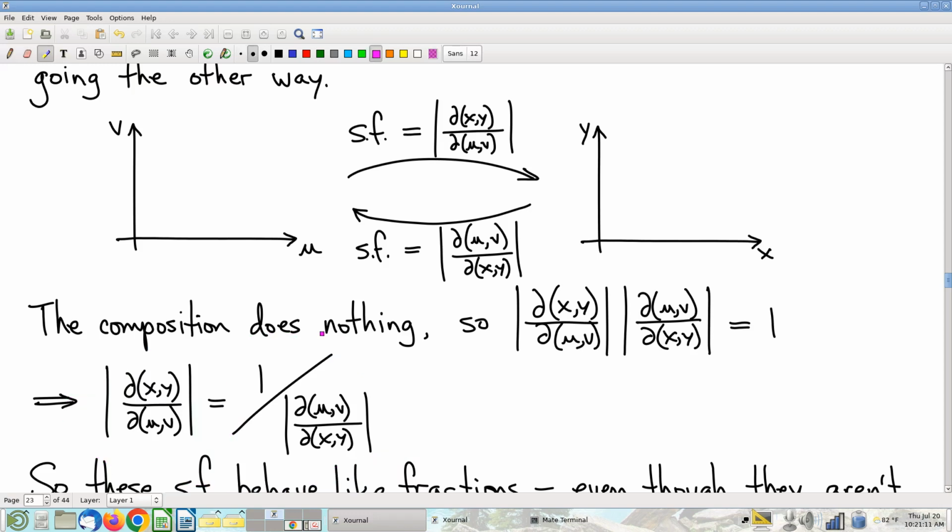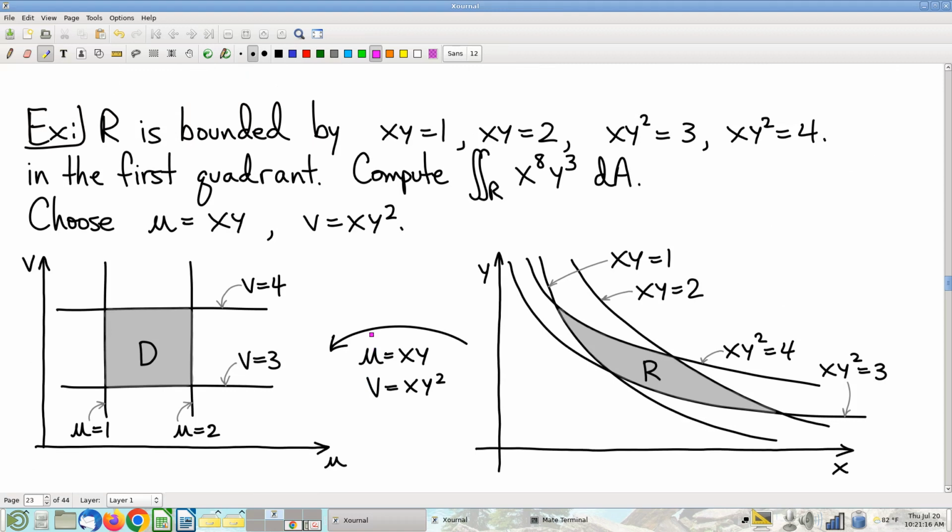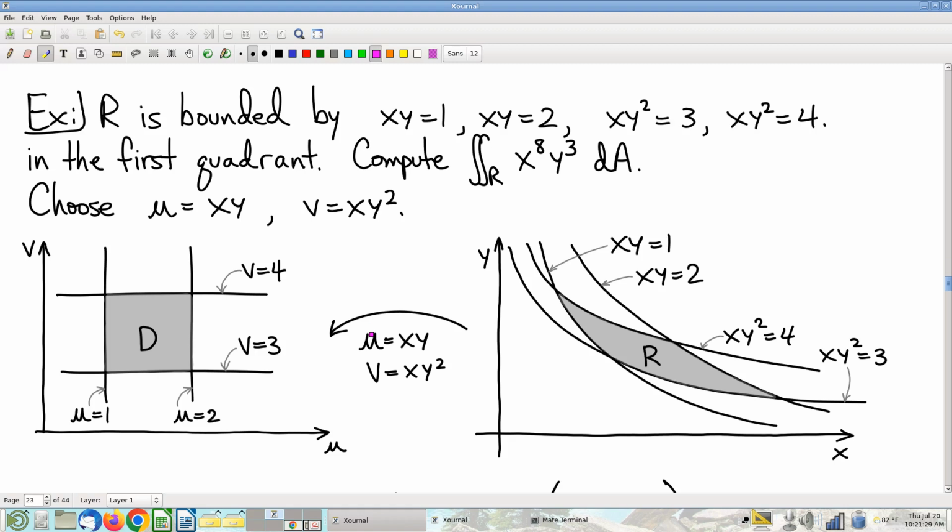Let me show you how this can be really, really useful. This example here, now there's a bunch of work that needs to be done to develop this example. It's going to be a few minutes before we get to all that fractions business. This is going to look like a weirdo manufactured example. It's not. This comes up very naturally.